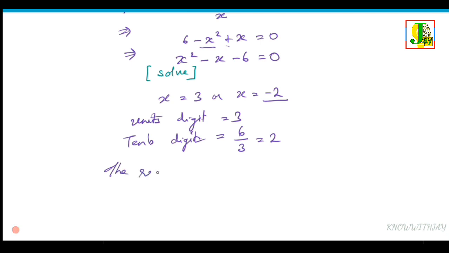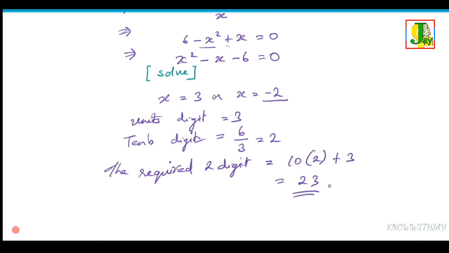So the required 2-digit number is 10 into 2 plus 3, that's 23.